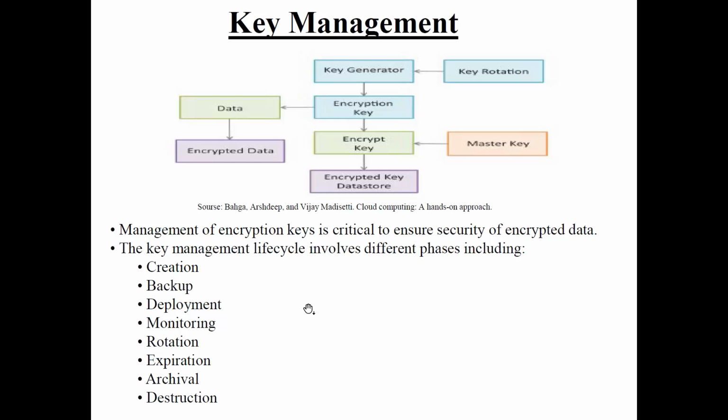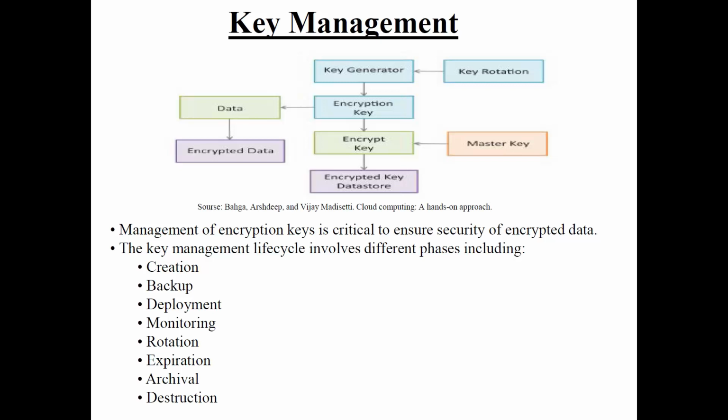Next, let us look at the management of encryption keys, which is very critical to ensure the security of encrypted data. It has different phases. The first step is creation. Keys must be created in a secure environment and must have adequate strength.